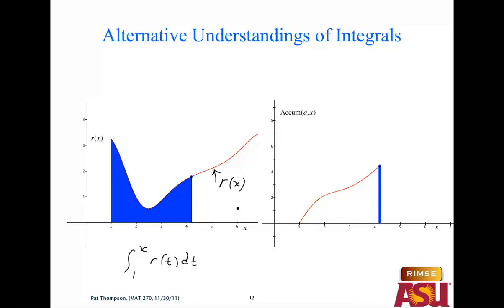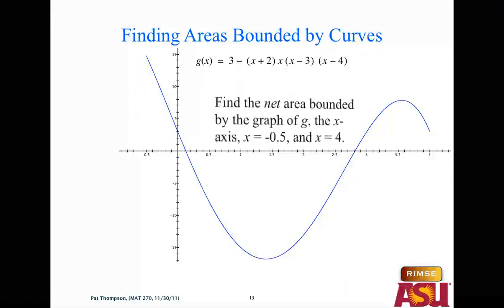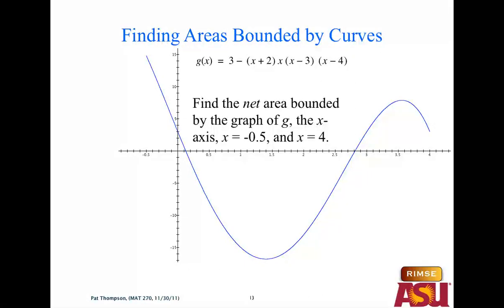So if in this area problem we want to relate it to what we've done, then it's kind of like we're looking at this g function as a rate function. Okay, so we want to find the net area bounded by the graph of g from negative 0.5 to 4.